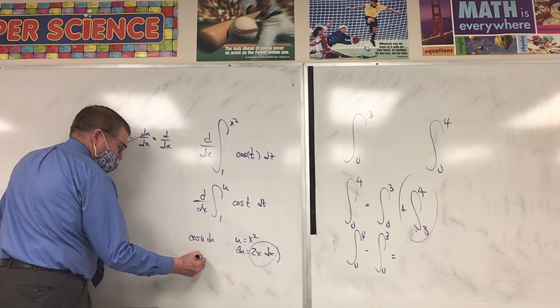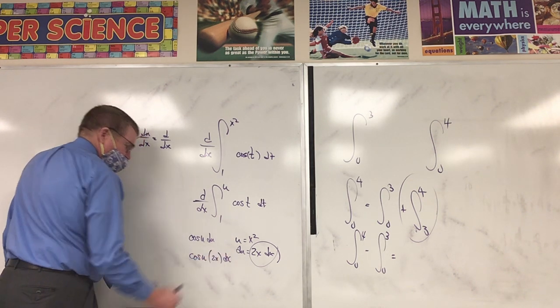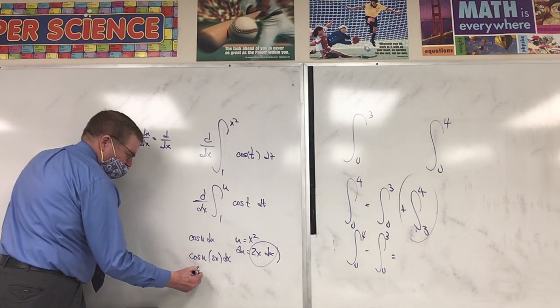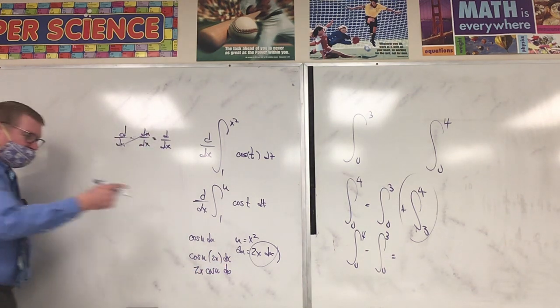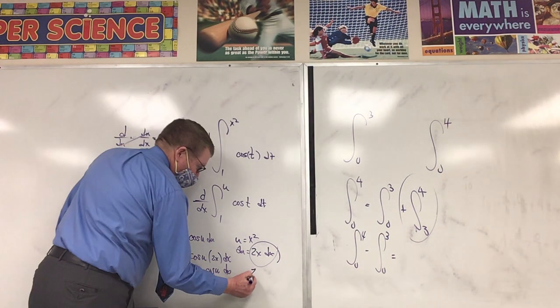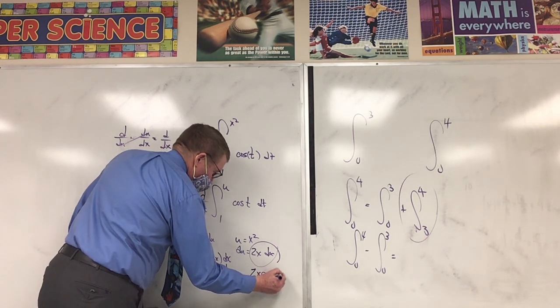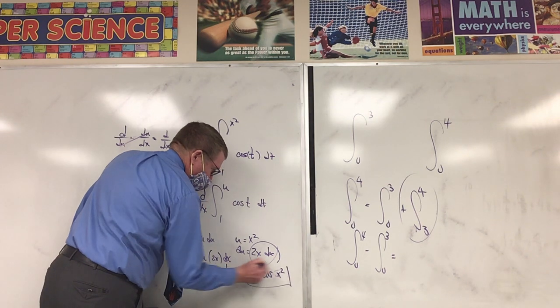So I get cosine u times 2x dx, which is 2x cosine u. Then I substitute the u back in. So I get 2x cosine x squared.